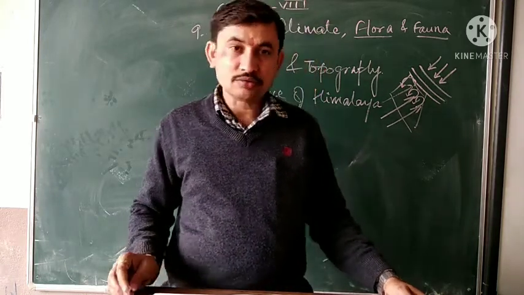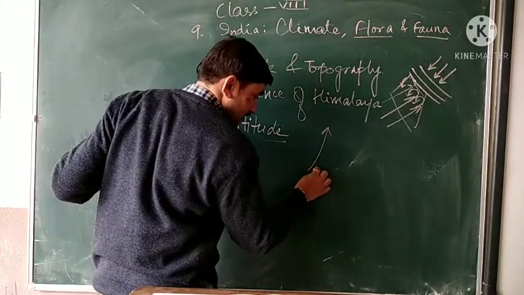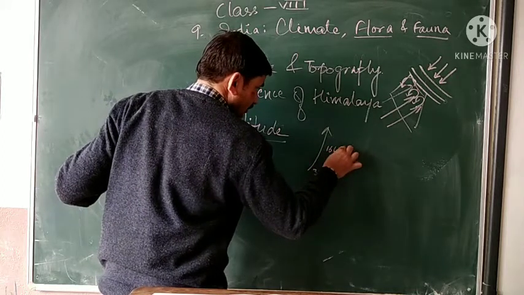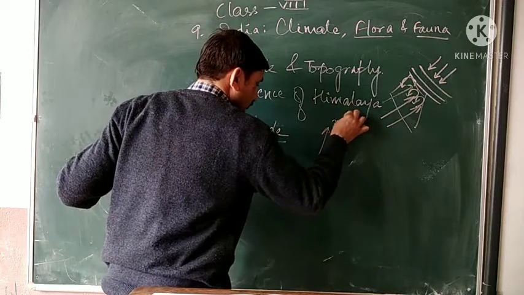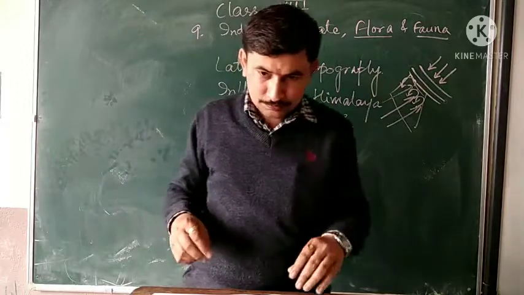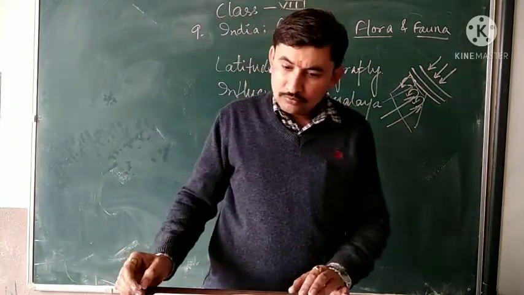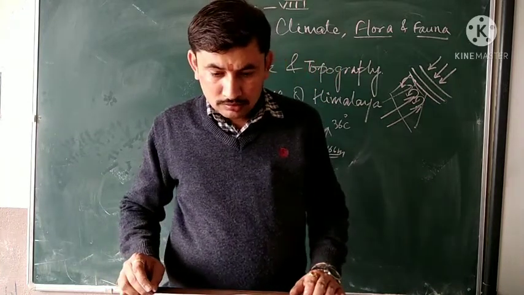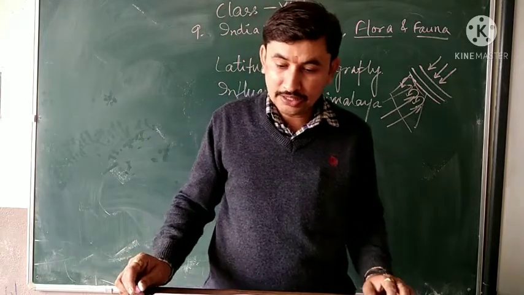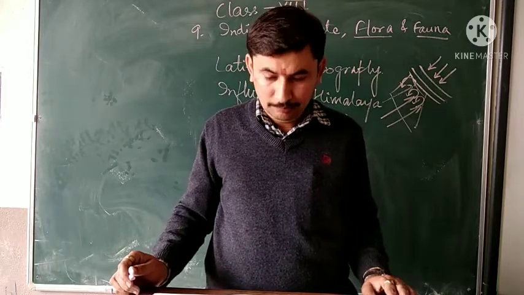If at the bottom it is 37 degrees, after going up 166 meters it will be 36 degrees Celsius, and after another 166 meters the temperature will fall further. This is the reason you notice that Nainital is cooler than Agra, because Nainital is situated at a higher altitude and Agra on the plains.